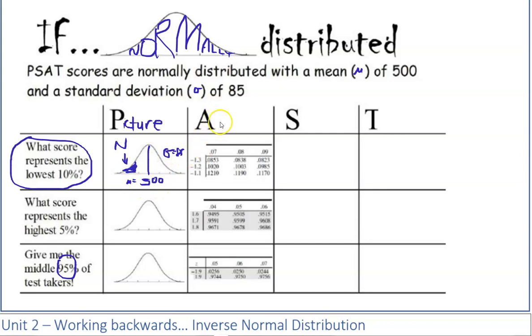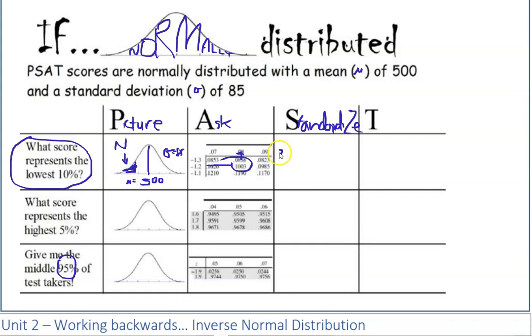Now, in old school, we would ask the table: we would find 10% on the table and we'd work our way backwards to a z-score. And then we would standardize, and you can kind of skip this. You look at it, just for kicks, standardize. Okay, so yeah, that z got really big because we would use the z-score formula.